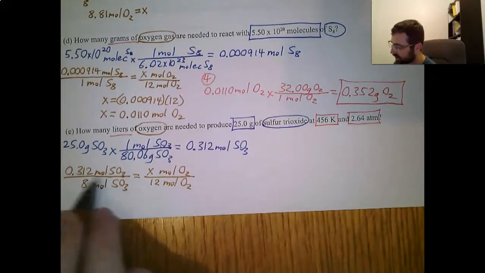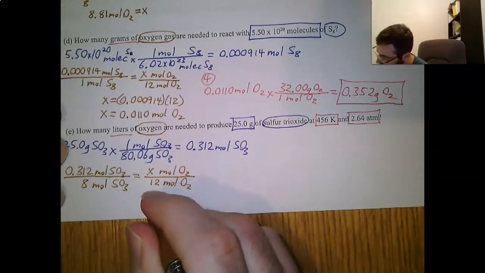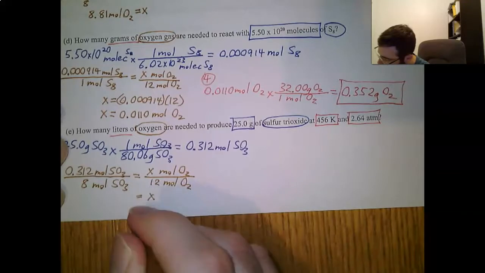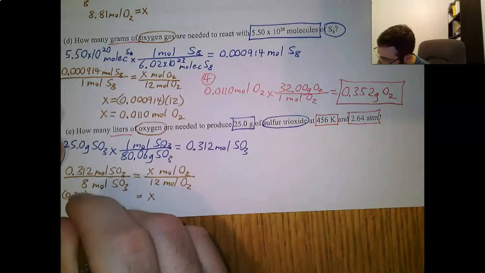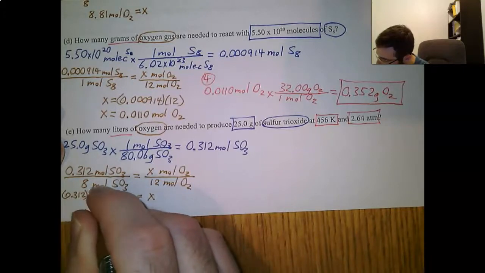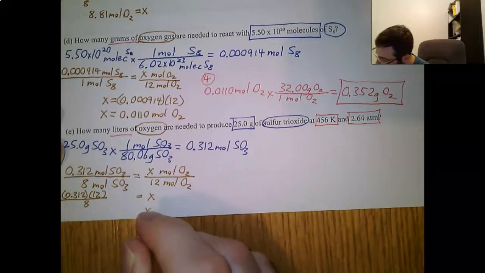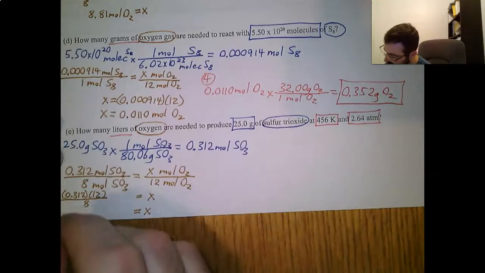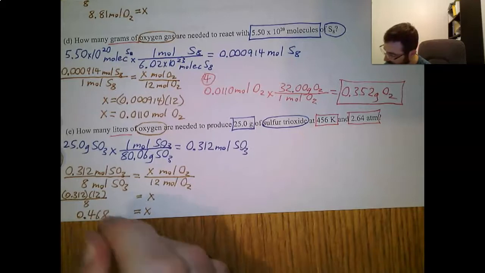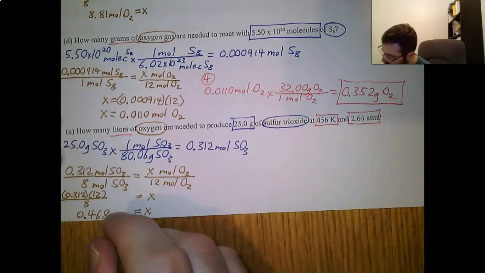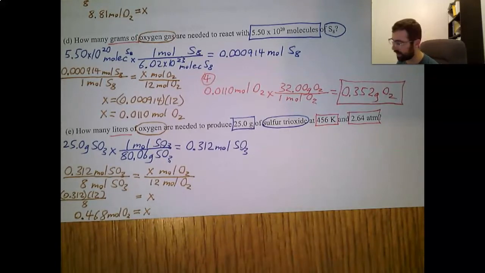Cross multiply, so it's going to be 0.312 times 12 over 8. So we end up with X equals 0.468 moles of O2.